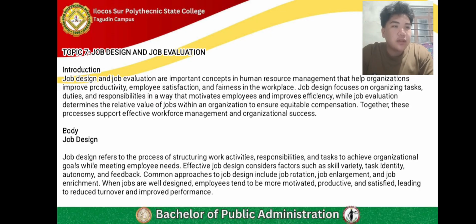Job design focuses on organizing tasks, duties, and responsibilities in a way that motivates employees and improves efficiency, while job evaluation determines the relative value of jobs within an organization to ensure equitable compensation. Together, these processes support effective workforce management and organizational success.